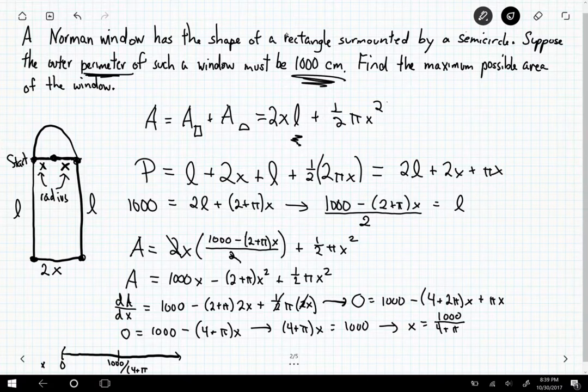Those are your x values, and then we're looking at the derivative of A with respect to x. And so we know that that equals 0 at that one point. And so let's try and get a ballpark idea as to where that value lies. So this thing, notice in the denominator, 4 plus pi, pi is 3.14159, so it's a number between 3 and 4. Right, we don't have to be so specific, but just if it was 3, you'd have 1000 divided by 7, right?